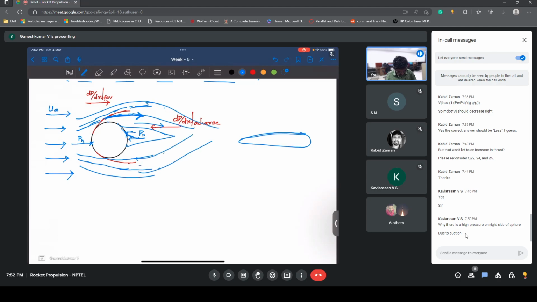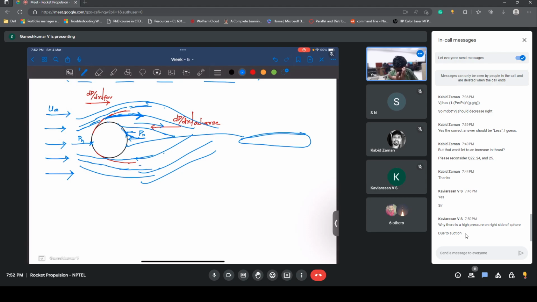Okay, so basically due to the pressure gradient, and this pressure gradient is due to the geometry of the bluff body or blunt body which we deal with. So that is the reason we have this flow separation. It is due to these opposing forces coming into the picture.